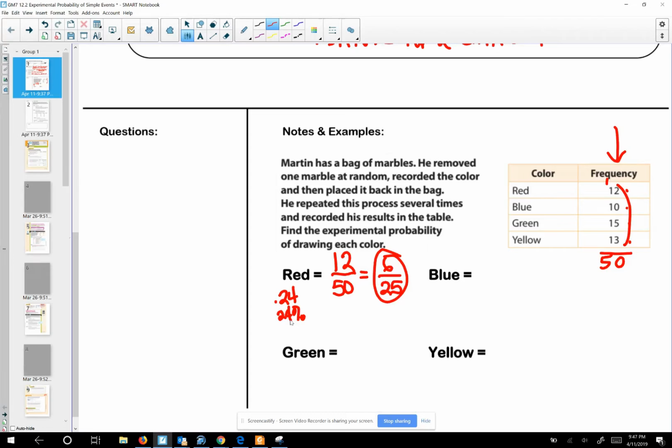All right, do the same with blue. 10/50ths, which is 1/5 in simplest form. Green, 15 times that he got a green one, out of 50.